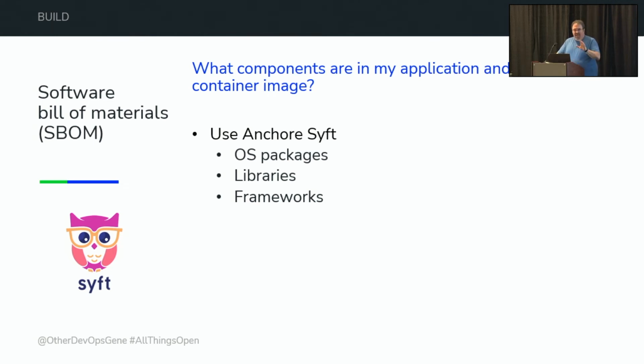And if you keep your SBOMs in a repository somewhere that's searchable, when something like OpenSSL or Log4j comes out, you can go ahead and say, hey, what applications are using that tool so I can go back and fix them, right? When you're building, it's easy to scan and say, I have this or I don't have this.